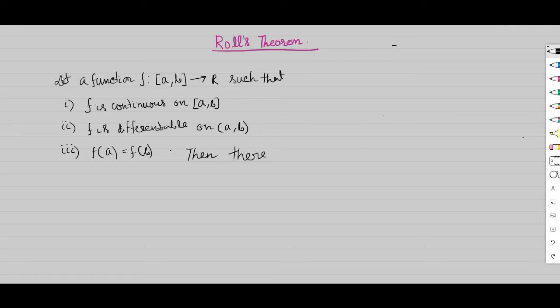there exists at least one point c in the open interval (a, b), that is a is less than c and c is less than b, such that f dash c, that means the derivative of f at the point c, is equal to 0.